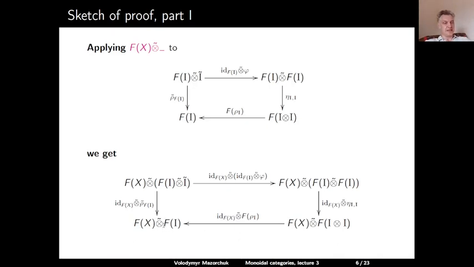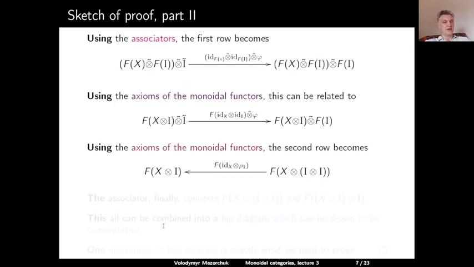So using eta, we can rewrite the second row as f of x tensor I and f of x tensor I tensor I. And applying the associator to the last term, we can rewrite f of x tensored with I tensor I as f of x tensor I tensor I.